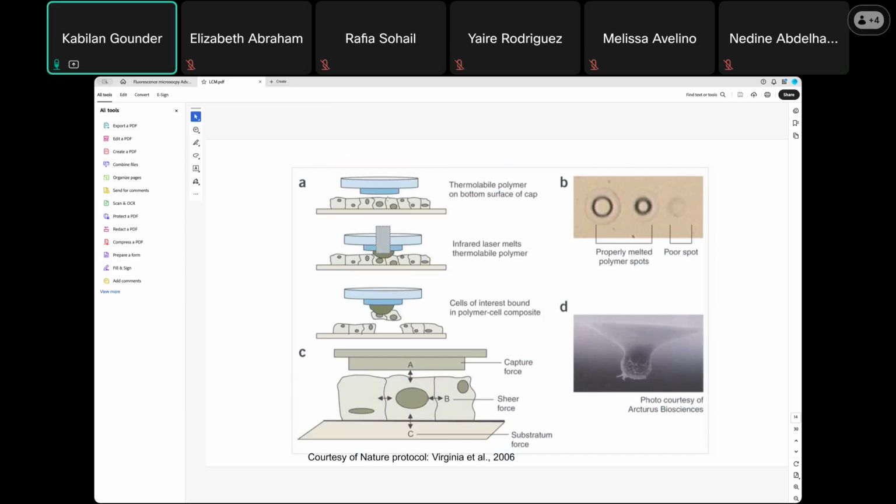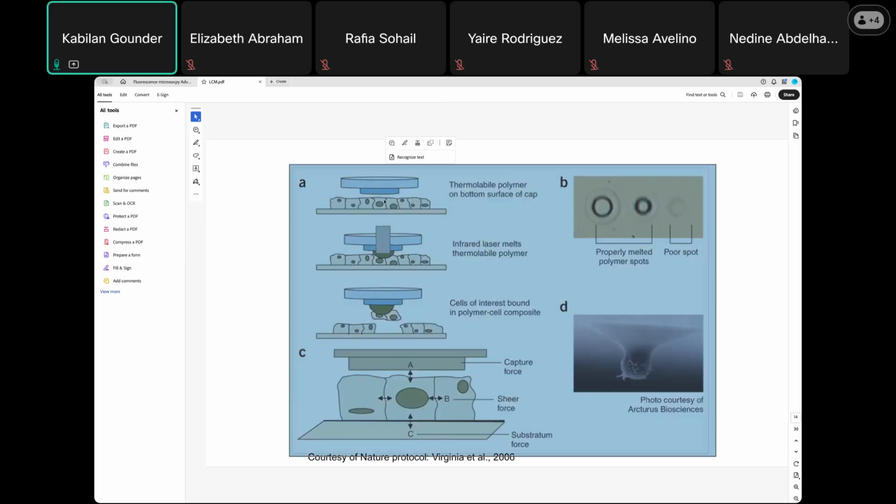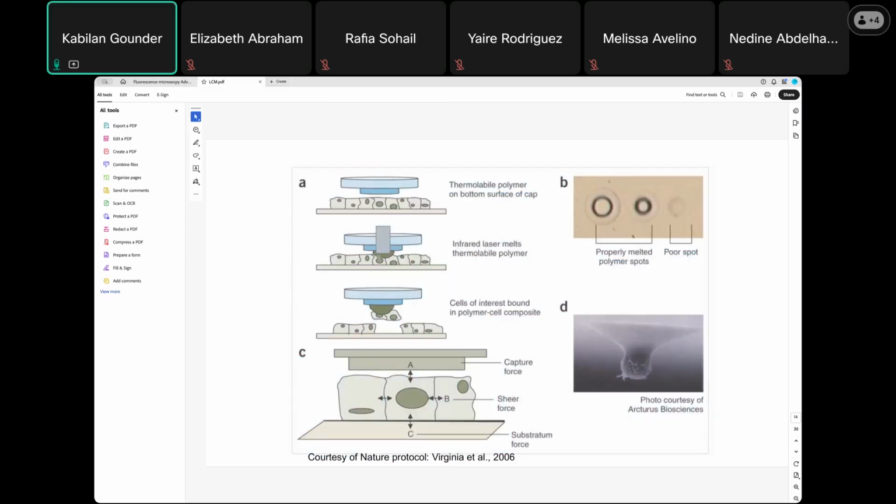So this polymer is melted. Immediately once it melts, it will attach to this area where we wanted to isolate. When you look at this, this is the area where the polymer melted. Once you enable the polymer, it melts wherever it comes. So now this area is melted and attached to this section.